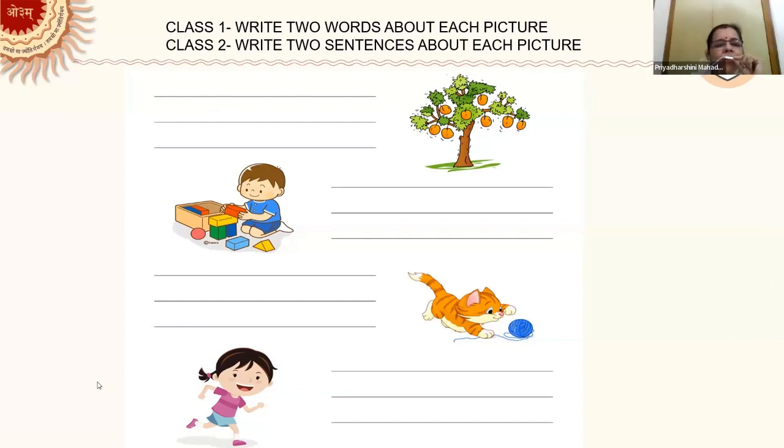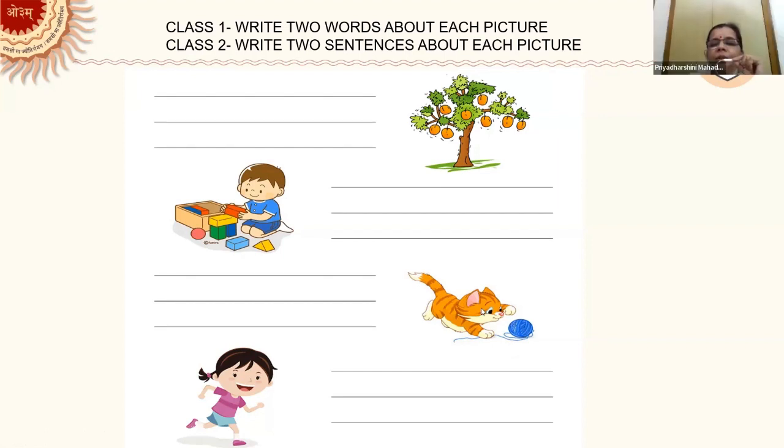Boy, okay. Toys. The boy is playing, okay. The boy is playing with shapes and colors, ma'am. The girl is playing with shapes and colors, okay. Third picture. The girl is running, ma'am. The girl is running, okay. One more sentence. Happy girl. The girl is so happy.